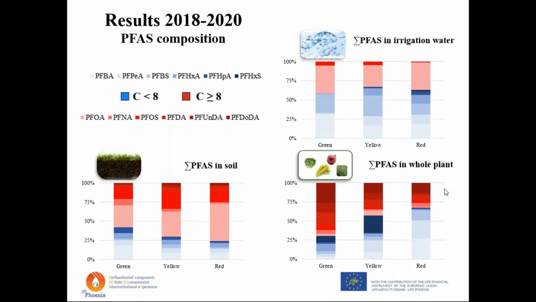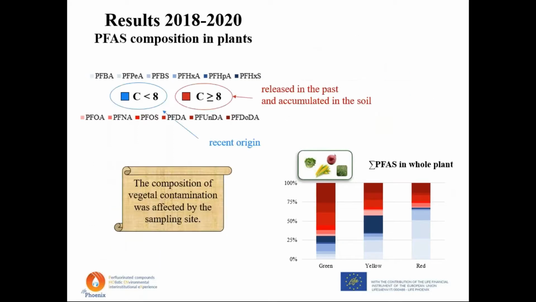A completely different situation has been observed in plants. Indeed, in this case, the composition of vegetal contamination was affected by the sampling site. In fact, you can see that in plants taken in the green area, the main compounds were the long-chain compounds, so compounds released in the past and accumulated in the soil.